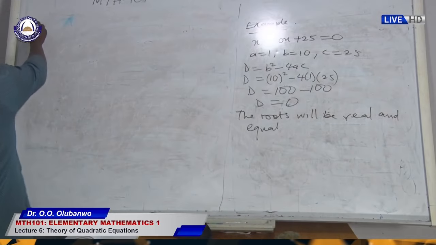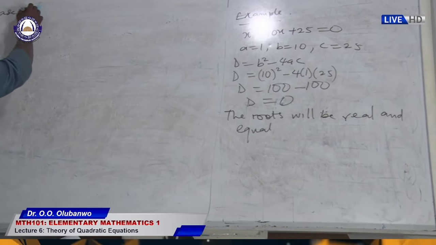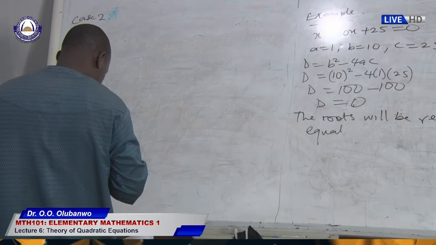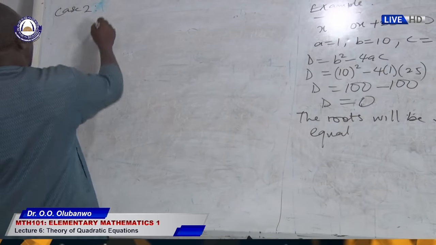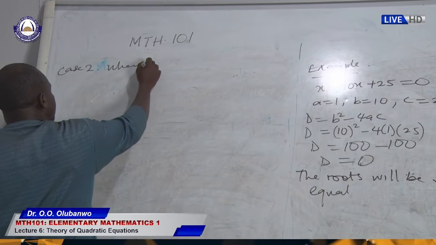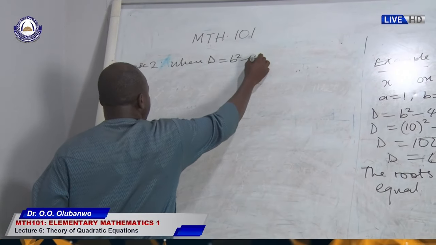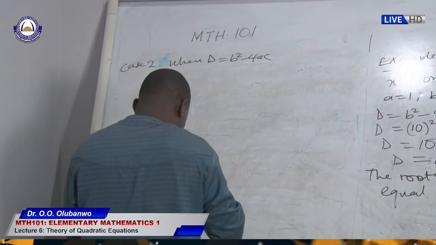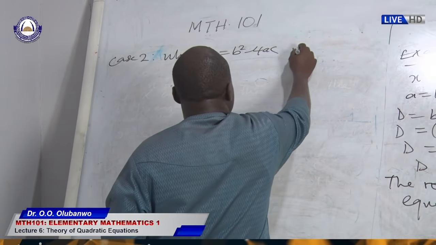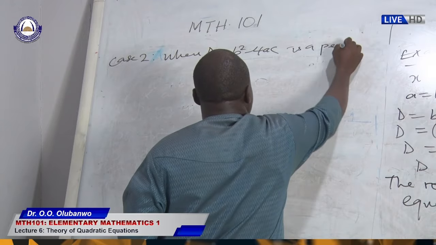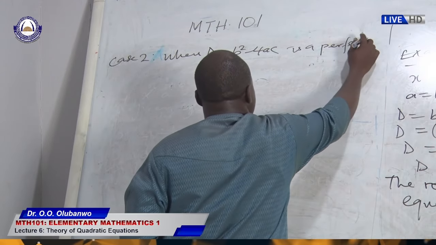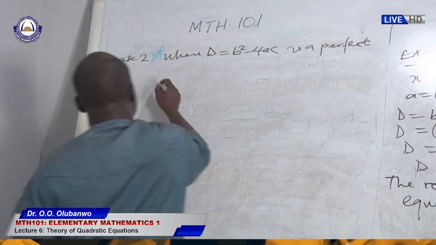Case 2: when D equals b squared minus 4ac is a perfect square.